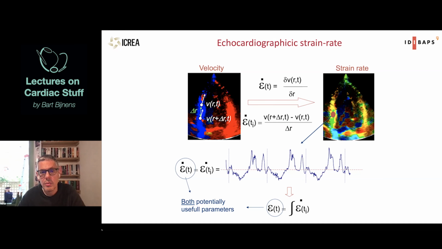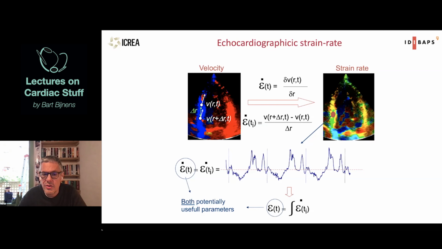So what you do is you measure the velocity of 2 points, you measure the distance between them, you look at the spatial derivative of it, and then you get, as a function of time, this instantaneous strain rate. This is a typical strain rate curve that you would extract. This is the indication of the cardiac cycle.